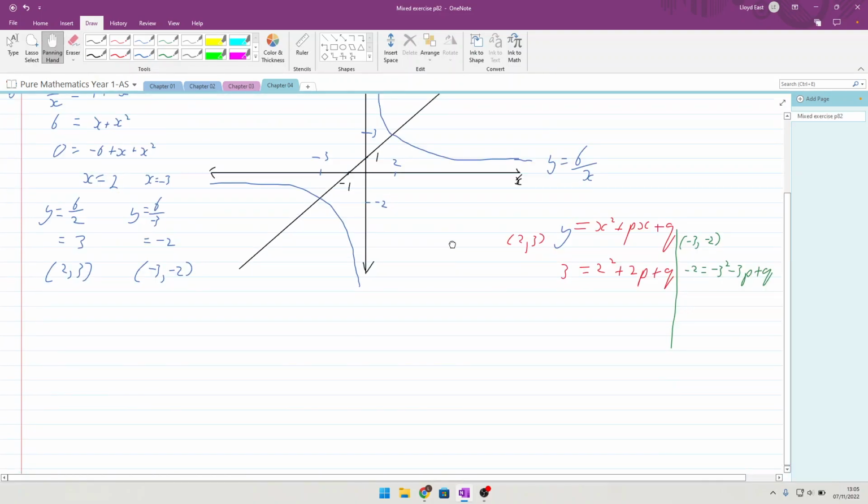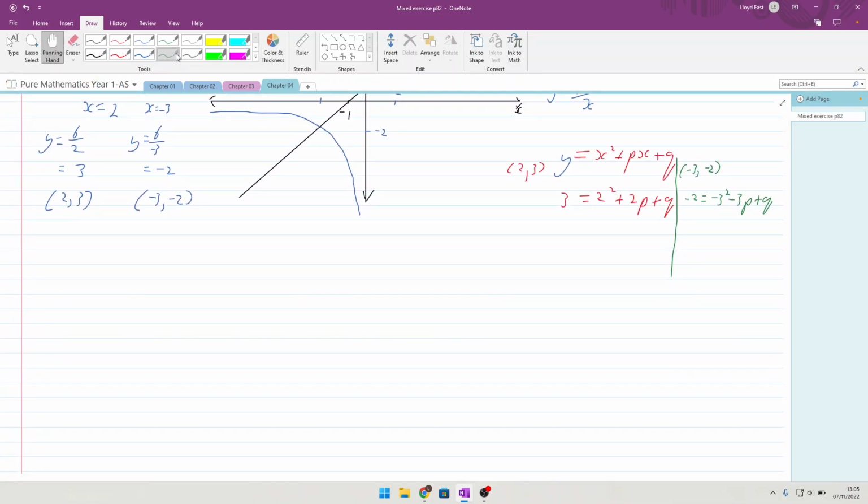Okay, let's bring this up, have a bit more room. Solve these simultaneously. What do we want to do with that? I think I'm going to make this red side all equal to q. So 3 minus 4 minus 2p equals q, which gives us -1 minus 2p equals q.